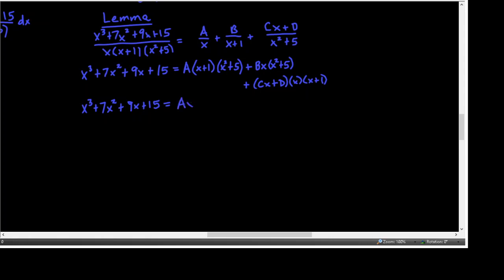So that's going to be ax cubed plus ax squared plus 5ax plus 5a plus bx cubed plus 5bx plus cx cubed plus dx squared plus cx squared plus dx.